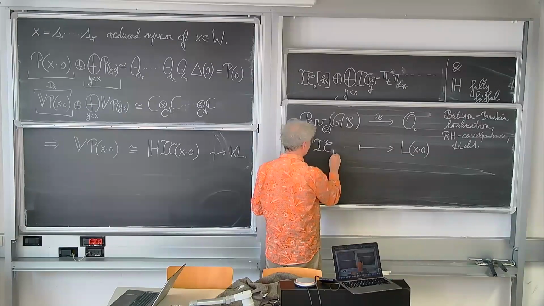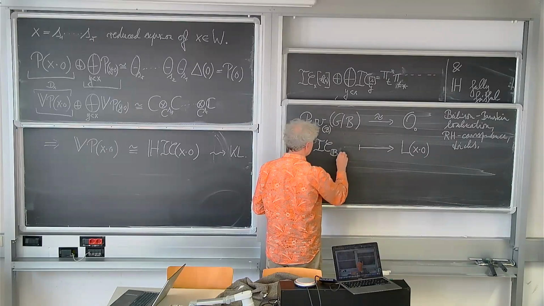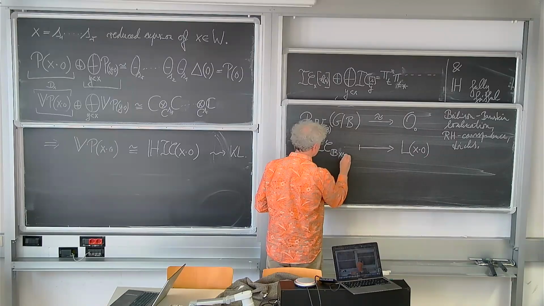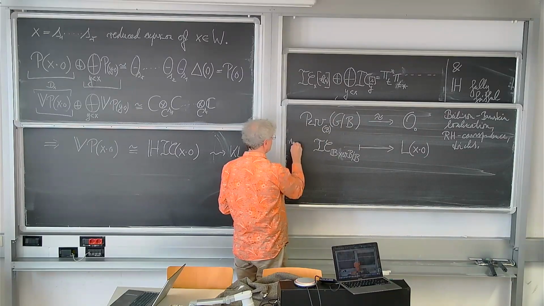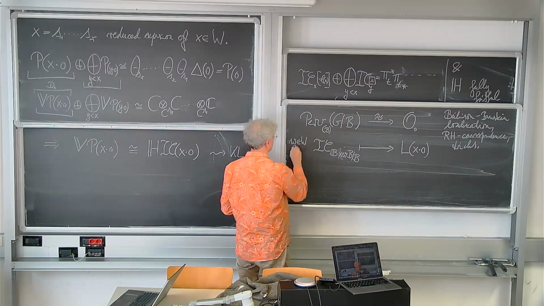It will be the intersection cohomology complex of the cell B X, longest element of the Weyl group W and B is long.